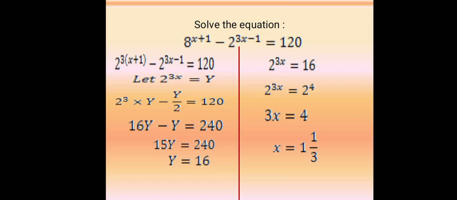So let us assume that 2 raised to the power of 3x is y. Now wherever we have 2 raised to the power of 3x, we put y. So our new equation shall be 2 raised to the power of 3 multiplied by y minus y over 2 is equal to 120.